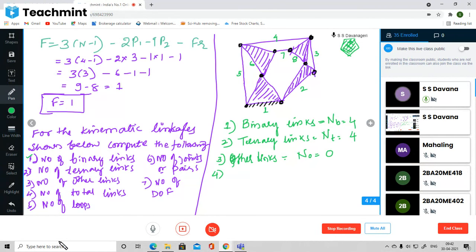Hatching means it is just like a rigid one. Now we don't have this type of linkage here. This is a binary link, this is a binary link, right? So link is different, the pair is different, and the joint is also different. Now, total number of links. How many total links are here?